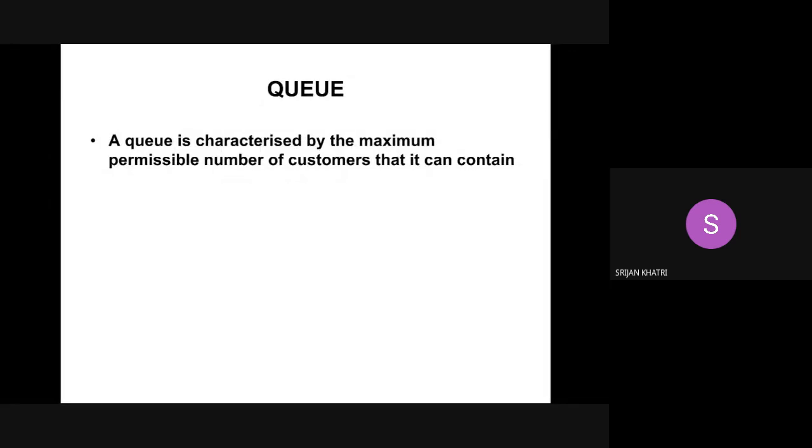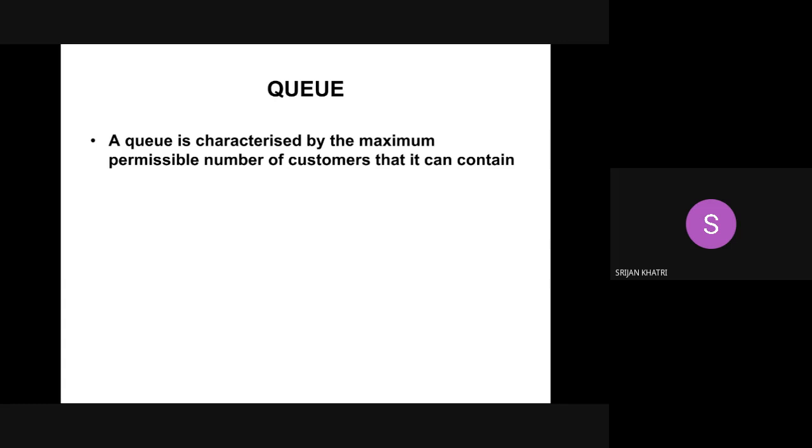If we have more customers, then they have to go elsewhere, right. Whatever the permissible limit of customers is, that many can wait in the particular system.